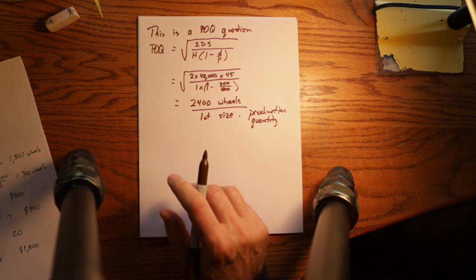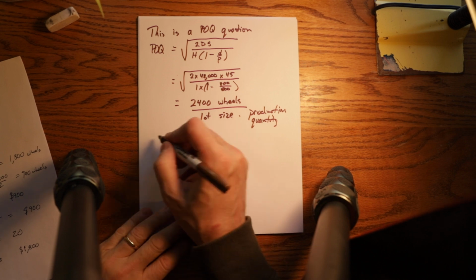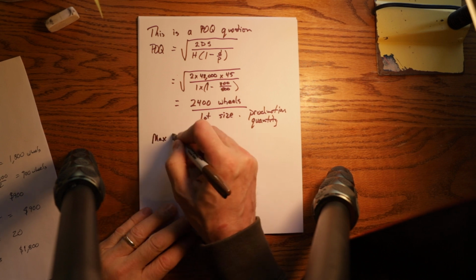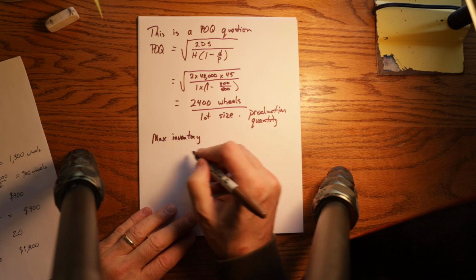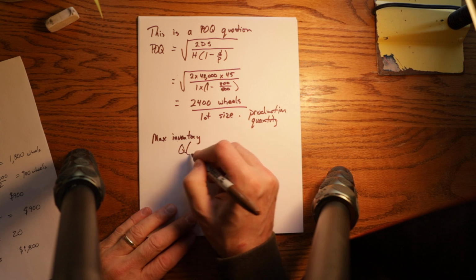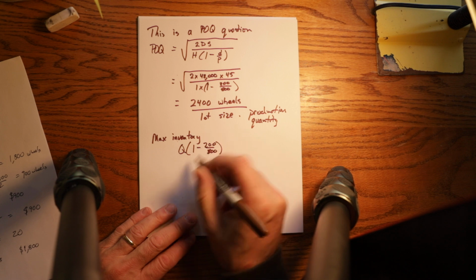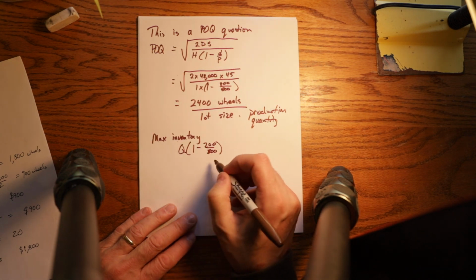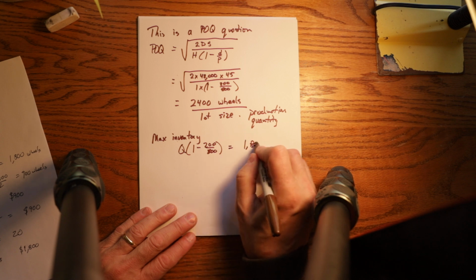That's the basic thing. So what other things could you be asked relative to this type of problem? Well, the maximum inventory, which you need to know in order to figure out holding costs, is equal to Q times 1 minus 200 over 800. Q is the order quantity or the lot size, and that is equal to 1,800 wheels.